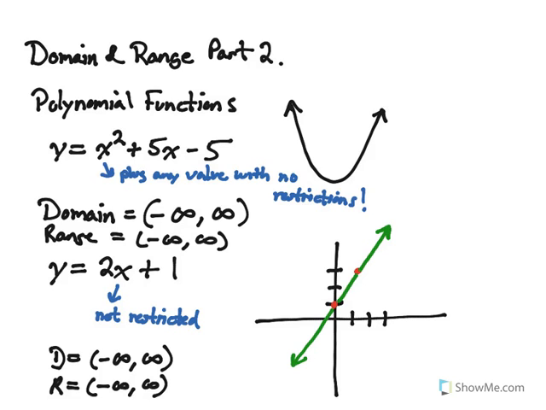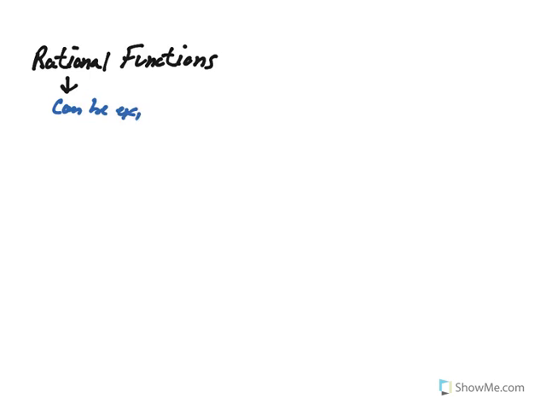For this particular video, I'm going to draw your attention to the domain because that's what we want to pay attention to more than anything. So if you have a rational function, when we talk about rational functions, we have to be careful because rational means that it can be expressed as a fraction, and fractions do have limitations.